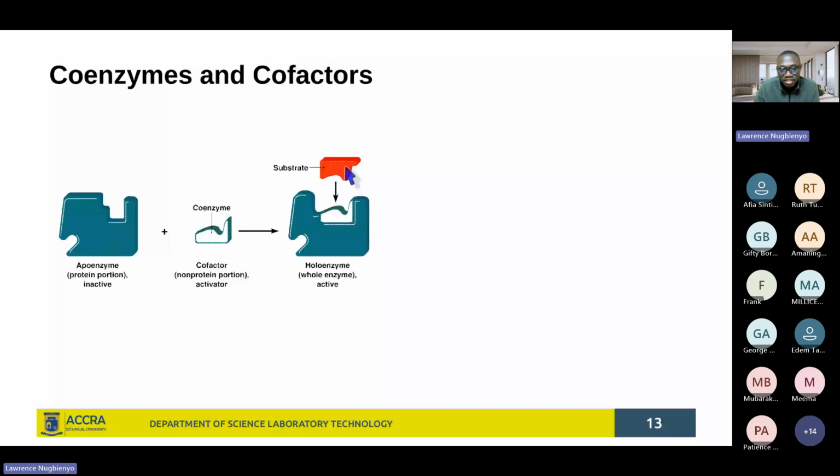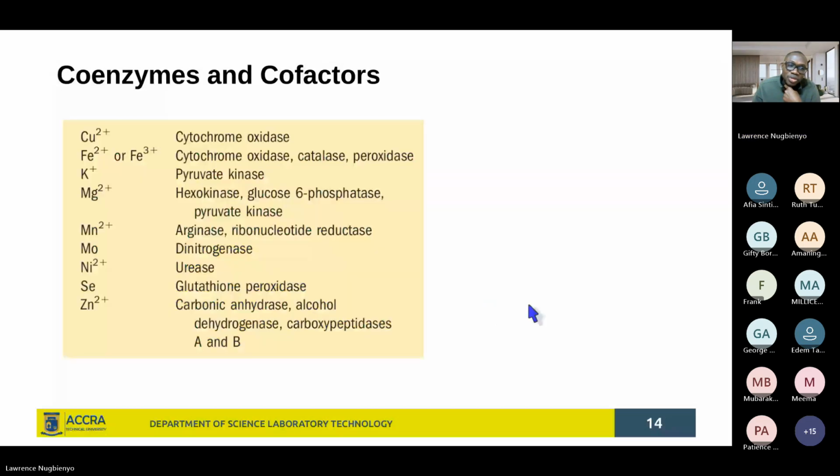So the coenzyme, the cofactor, acts as an activator. It is required for the enzyme to be active. Now, we take cofactors. Remember, I mentioned that even though coenzymes and cofactors sometimes are used interchangeably, there is actually a distinction between them.